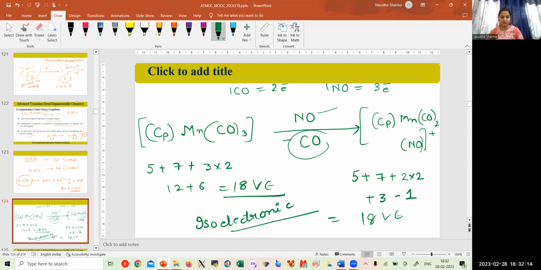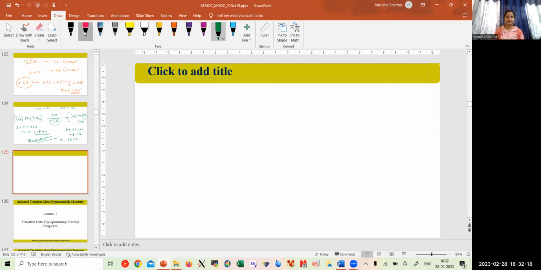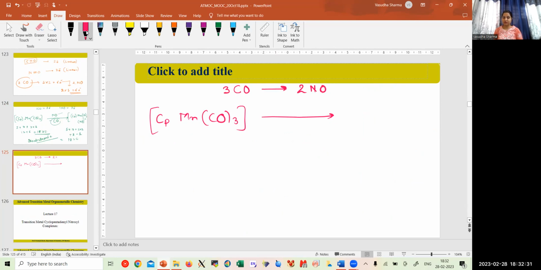The other case would be that if we have this CpMn(CO)3, and we want a neutral complex, then 3 CO would be substituted by 2 NO. If we are giving 2 NO, all the 3 COs will be gone.